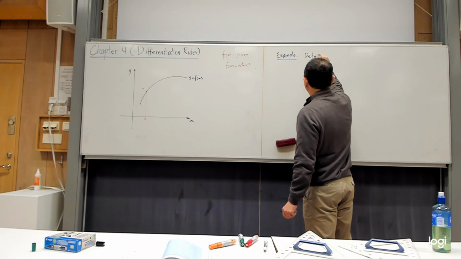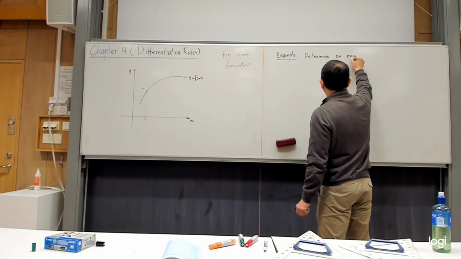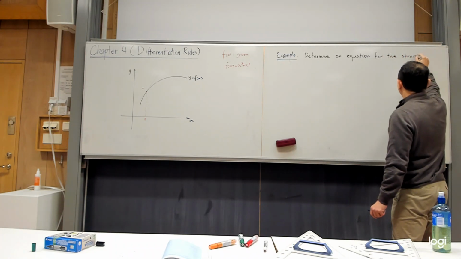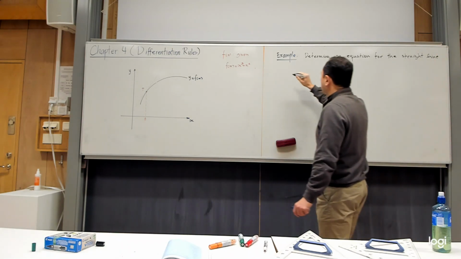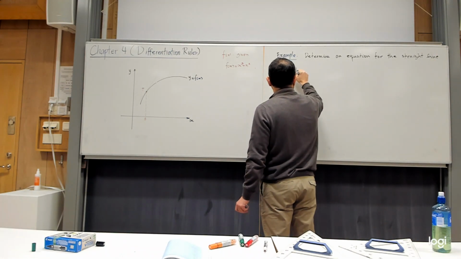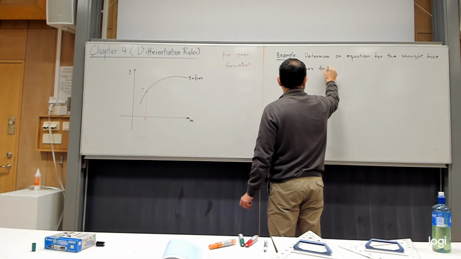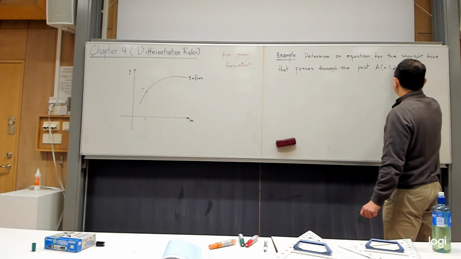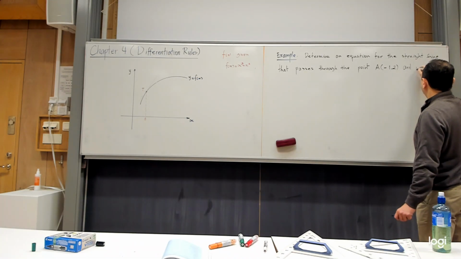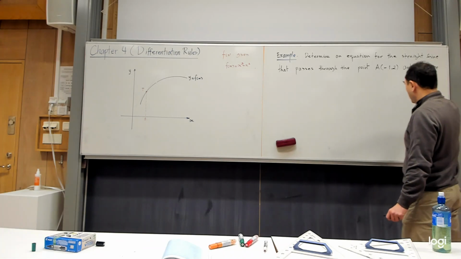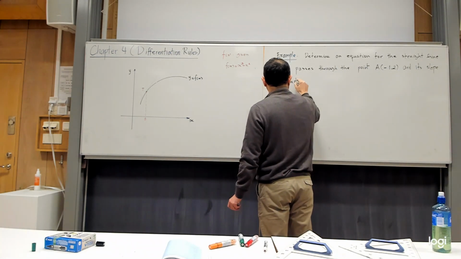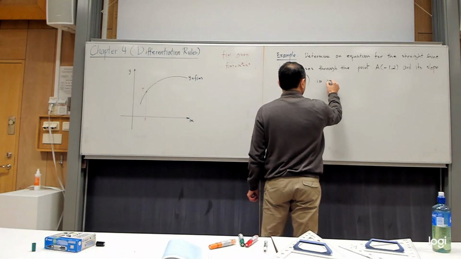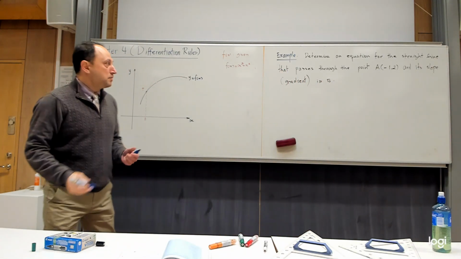Determine an equation for the straight line that passes through the point A minus 1 and 2, and its slope, in British books they say gradient, so remember this word if you see a Cambridge book, and its slope is 5. So this is a Math 1C problem.